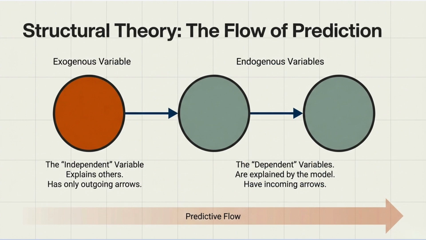In a multiple regression equation, you have independent and dependent variables. Similarly, in SEM, we usually call them exogenous and endogenous constructs. So basically, an exogenous construct is an independent variable, which means no other construct in the model is actually explaining this concept. This is completely independent.